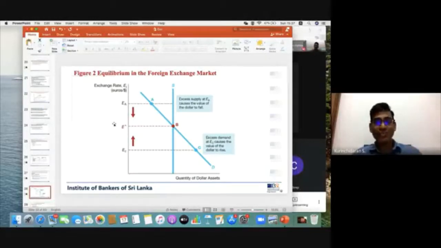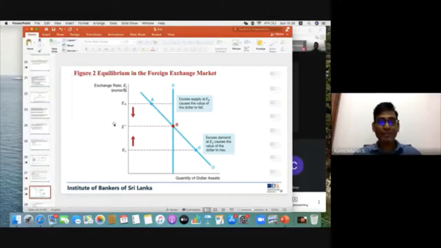So on both sides, when there is excess supply of dollars, the dollar depreciates, then the value declines. When there is excess demand, the dollar appreciates, then the value increases.